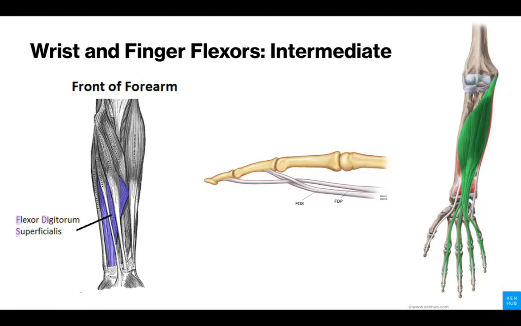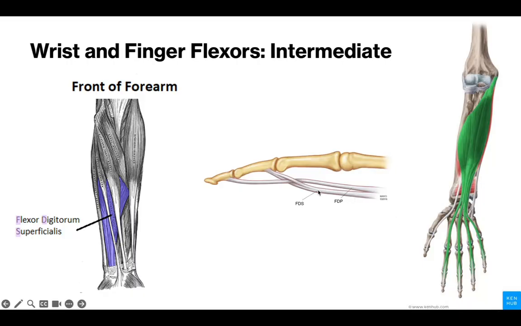So flexor digitorum superficialis is going to go down to the middle phalanges of digits 2 through 5. So it skips the thumb, it skips pollex, and it goes all the way to the middle phalange of all of these digits 2, 3, 4, and 5.